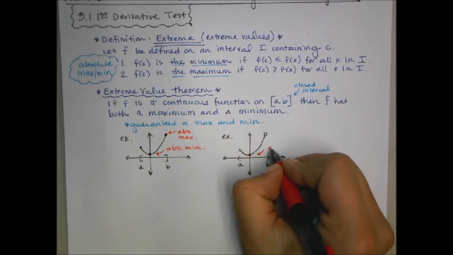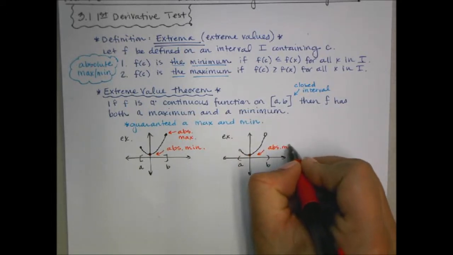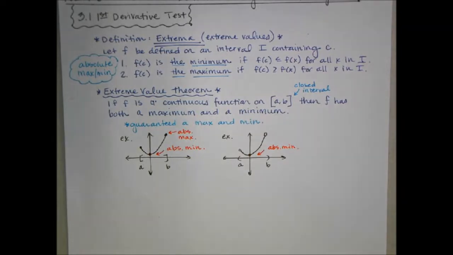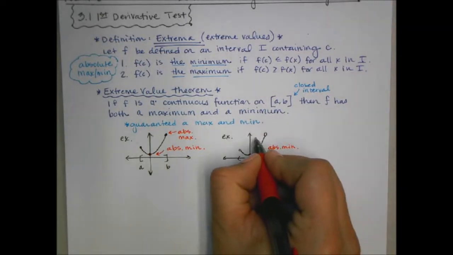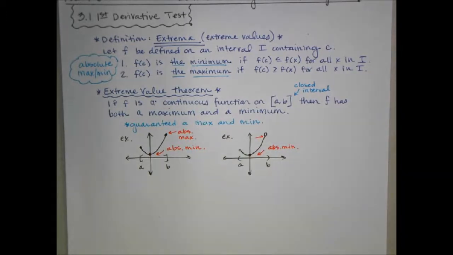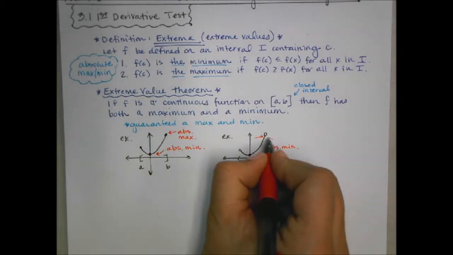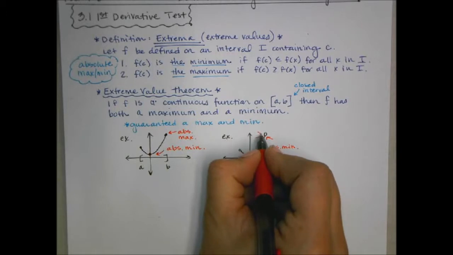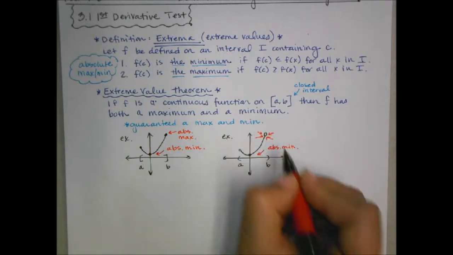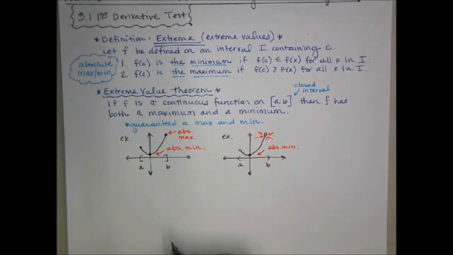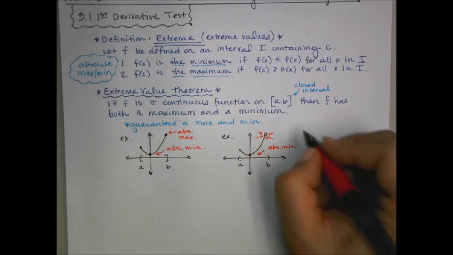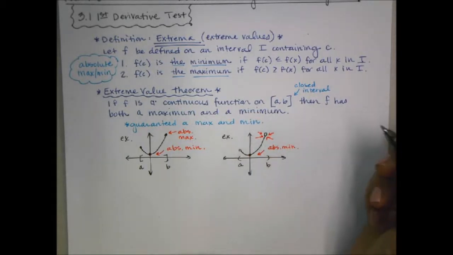However, we don't have an absolute maximum, because no matter how close you pick to this point, we can keep picking something a little bit higher, a little bit higher each time, meaning that we don't really have a maximum value. I can keep finding a value that's closer and closer to this missing endpoint. I'm going to write that out.